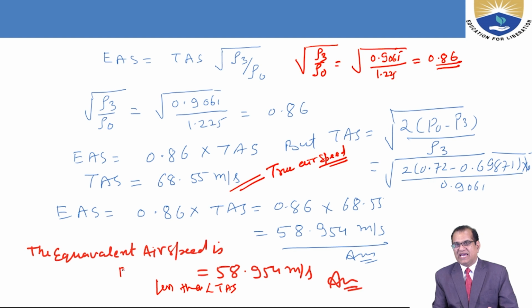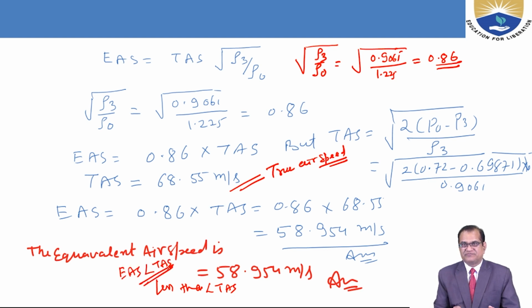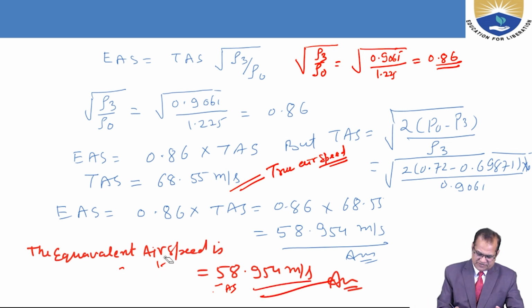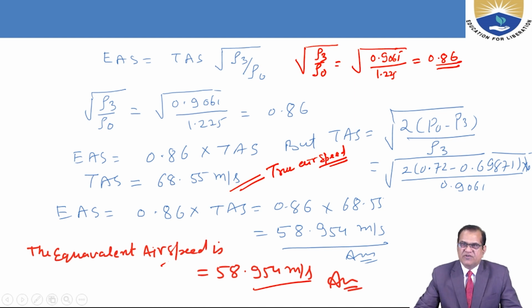So EAS is less than TAS. So this is the solution for this given problem, 58.954 meter per second. So this is another problem which we have solved now.